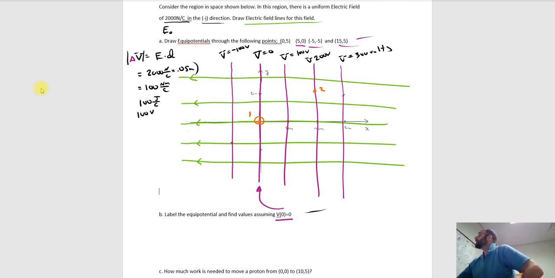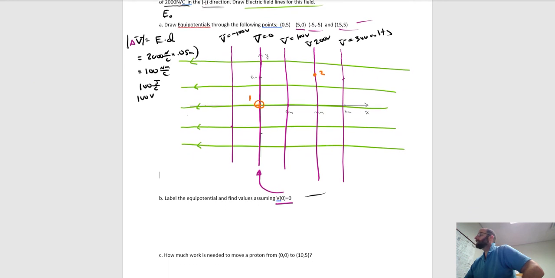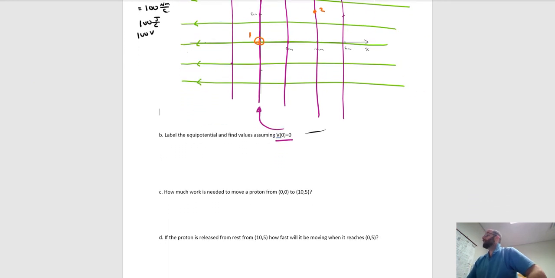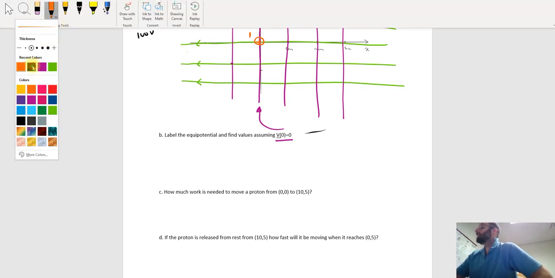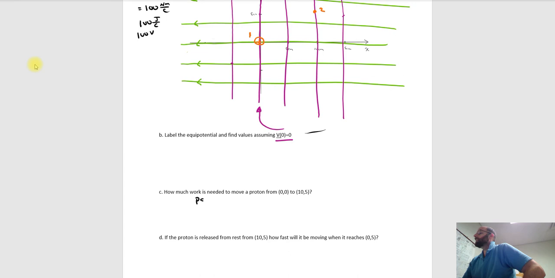And now we're going to write out the work energy theorem for this, just like we always would. PE1 plus KE1 plus work from 1 to 2 is equal to PE2 plus KE2. Good old-fashioned work energy theorem from Physics 1 applies to Physics 2 and everywhere else as well.